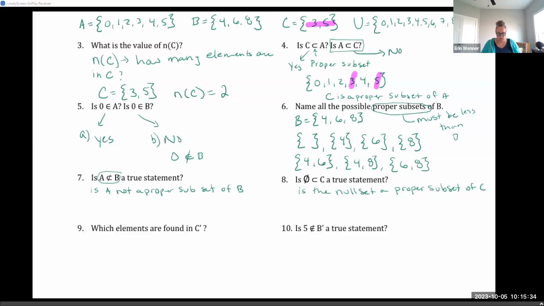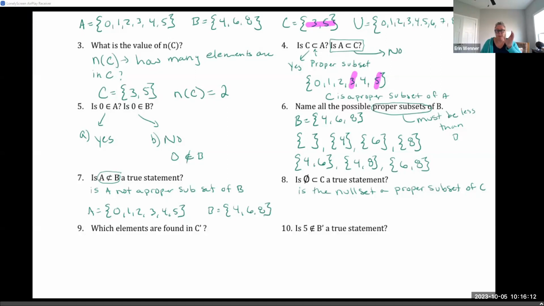Okay. So in number 7, A is not a proper subset of B. So if we think about comparing A and B, from the comparison alone of how many elements are in the two sets.